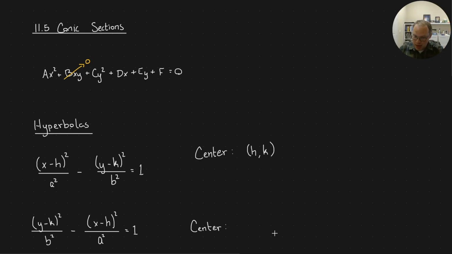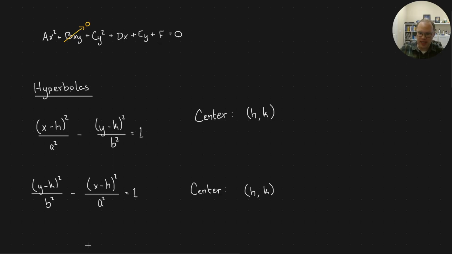Because now the y is the positive. But the center is still (h, k). Okay, this guy, the h with the x, tells us how far we shift left and right. The k, the guy with the y, tells us how far we shift up and down.